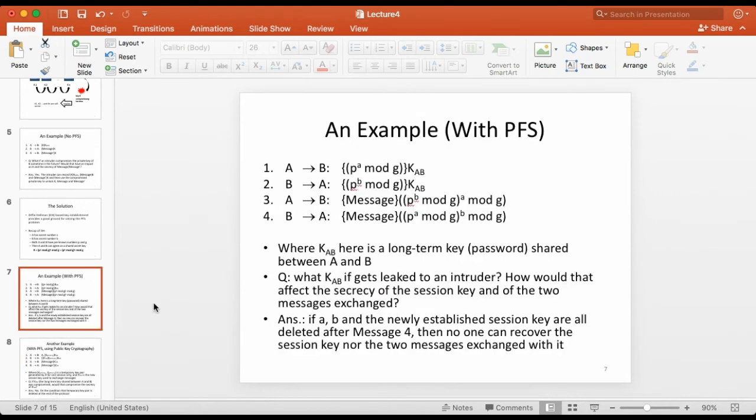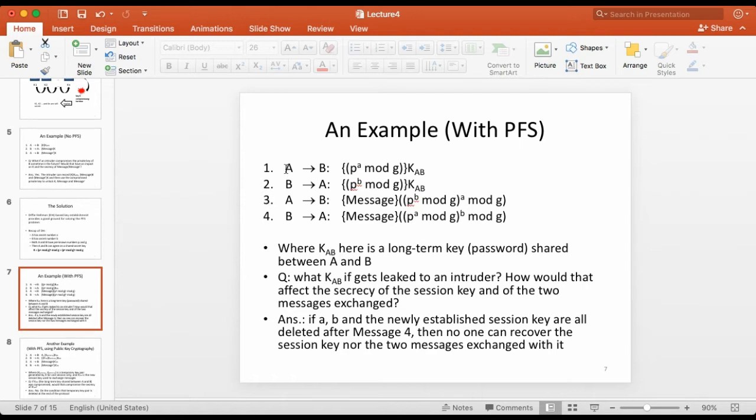So let's have a look at an example where this Diffie-Hellman calculation is used to achieve a PFS property in a four-way handshake, or a four-message protocol.